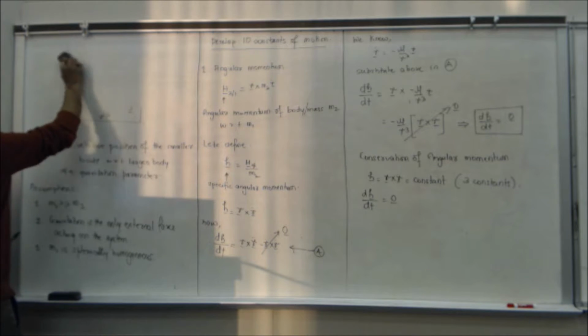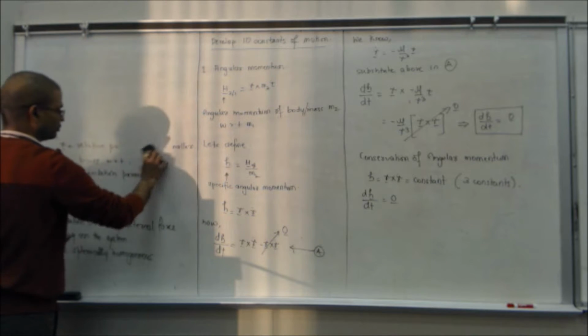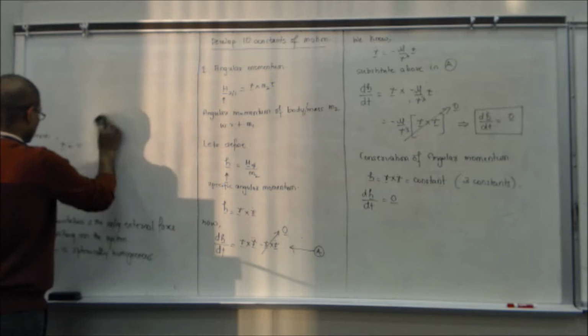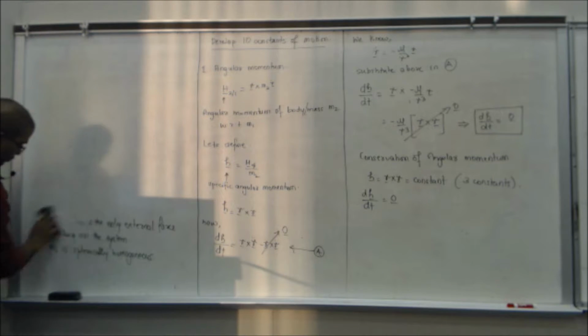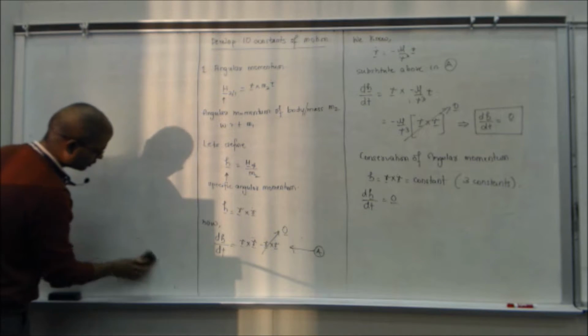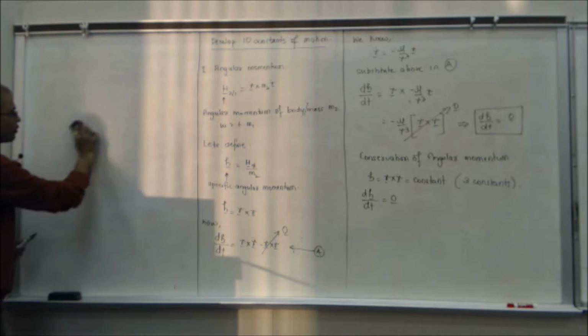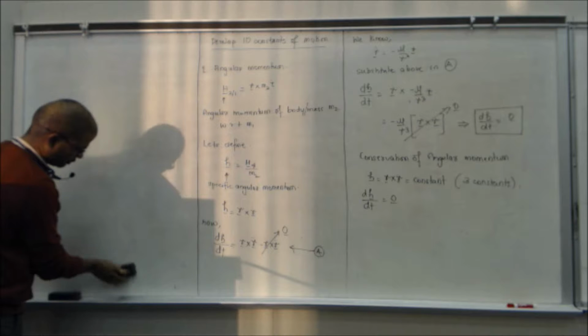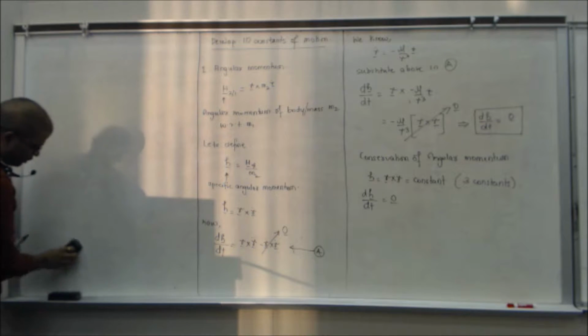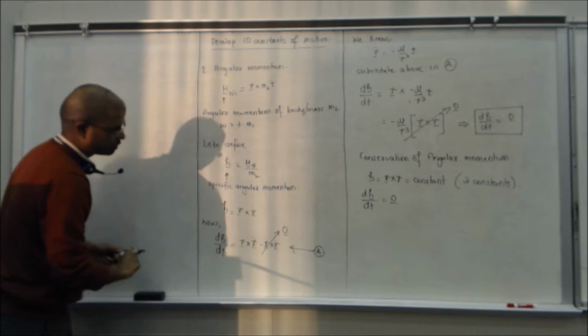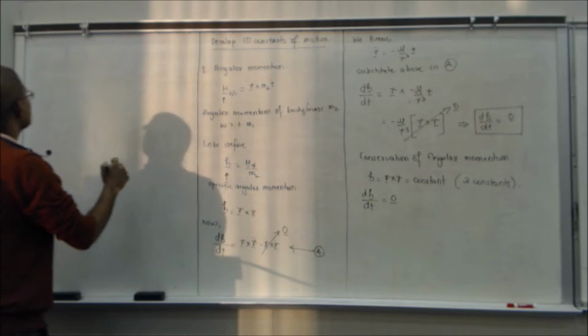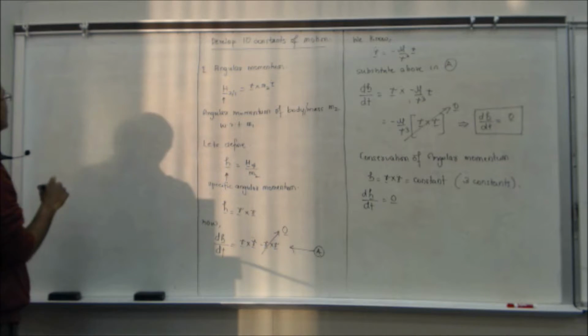Now, please follow this part of the discussion. What we did here was more of a showing that angular velocity is conserved or constant. So you could do it as a derivation, but this one is much more important with respect to visualization.